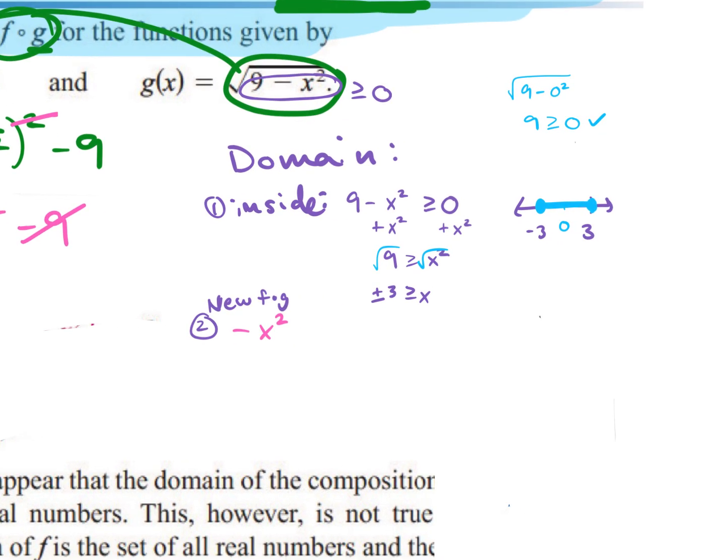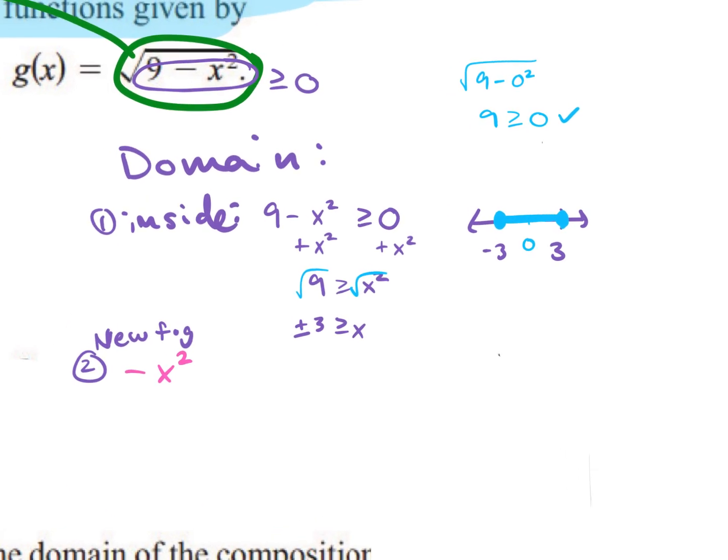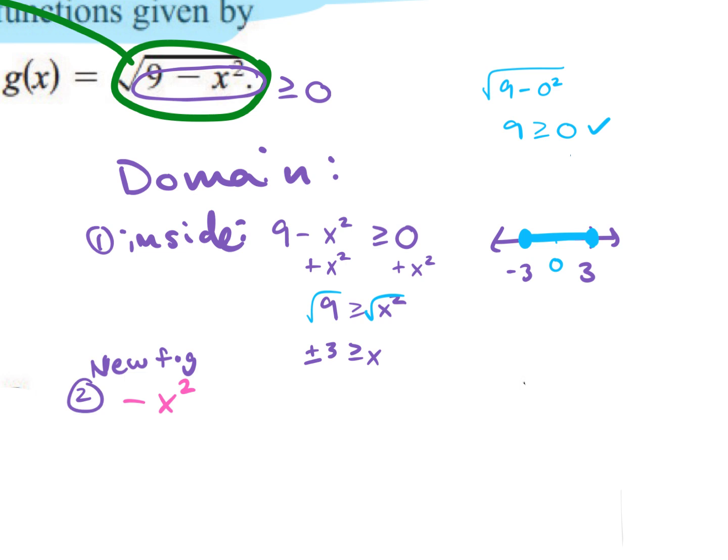Is there anything I can't plug into x here? For negative x squared, if you have an x squared function, your domain is going to be all real numbers. So on a number line, it would be the whole thing.